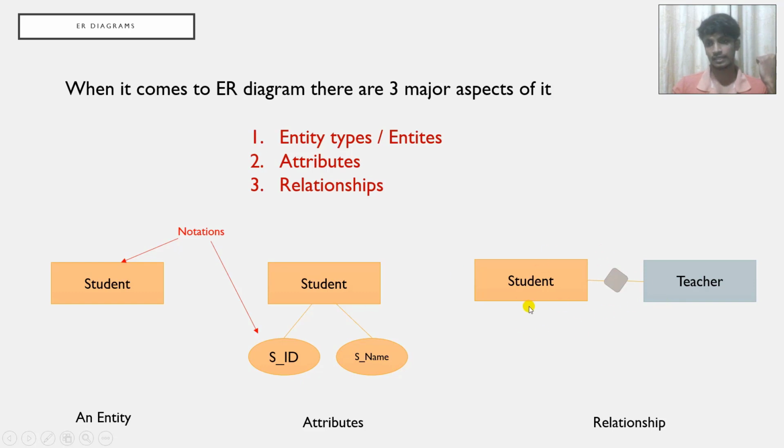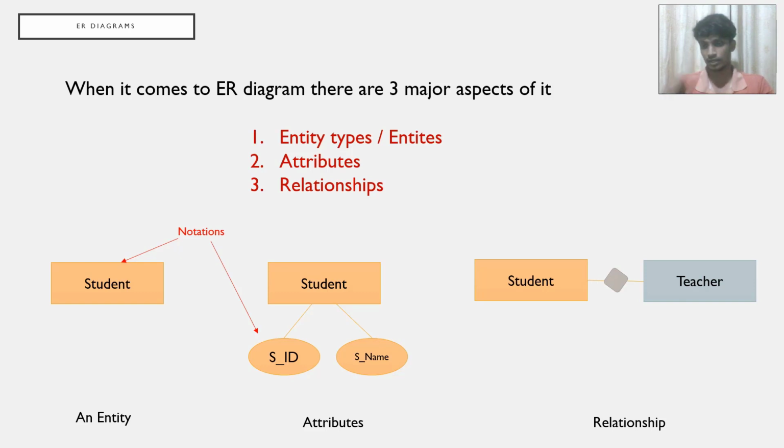And this is the relationships. This is the most important part, because all RDBMS, relational database management systems, depend on these relationships. Therefore, relationship is the most essential aspect in the database.